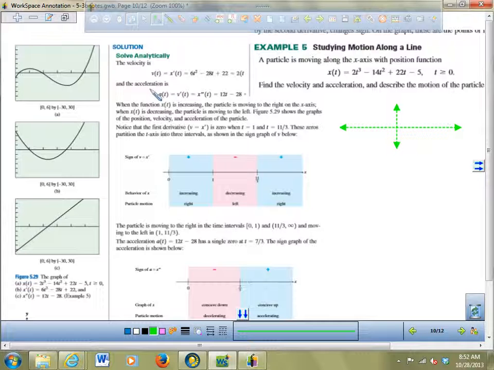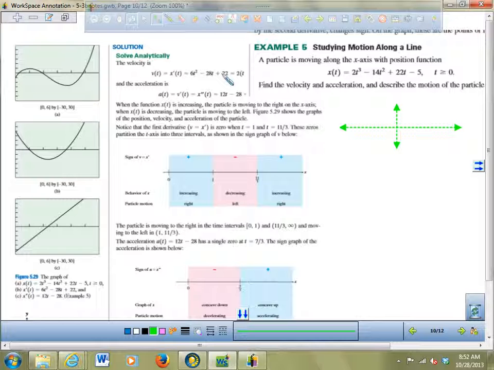Until I get to right here, negative velocity, and then it's got forwards velocity after that, okay? So that's what this particle is doing, going boom, boom, boom, like that. And then it's taking off forever. So how do I know that? Well, by looking at the first derivative, which is velocity.